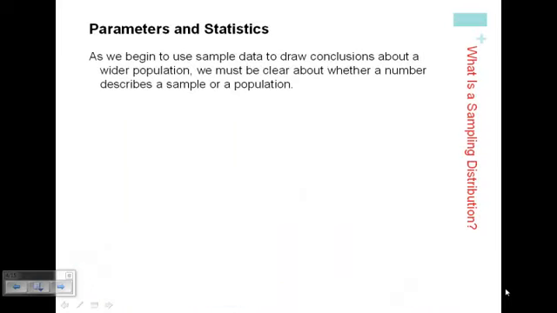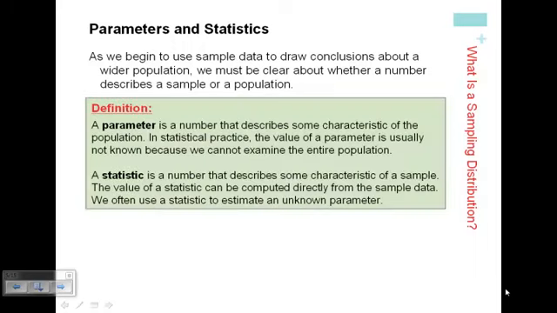All right. So first of all, we need some new vocabulary to deal with this idea of sampling distributions. Let's define these two terms: parameter and statistic. When we collect data, it matters whether we collect data from a population or a sample.